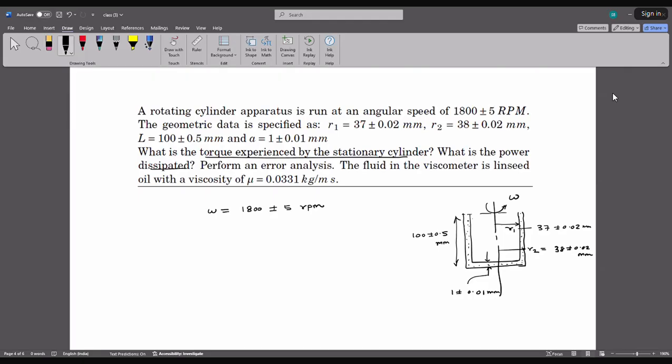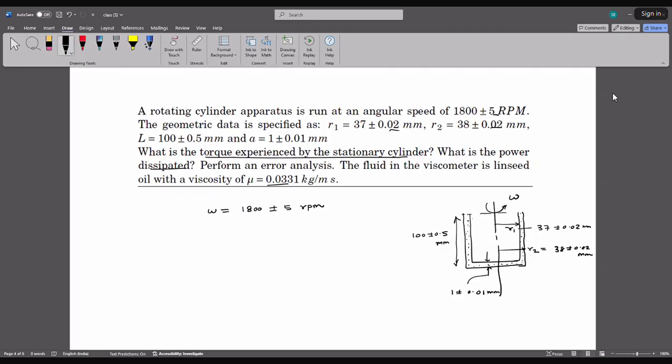And because these values have some uncertainty, perform an error analysis to find out what is the uncertainty in the torque and the power. The fluid in the viscometer is an oil with a viscosity of 0.0331 kg per meter second. Okay, so this is the question.